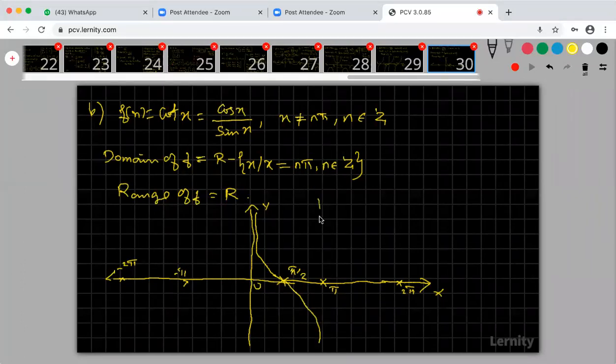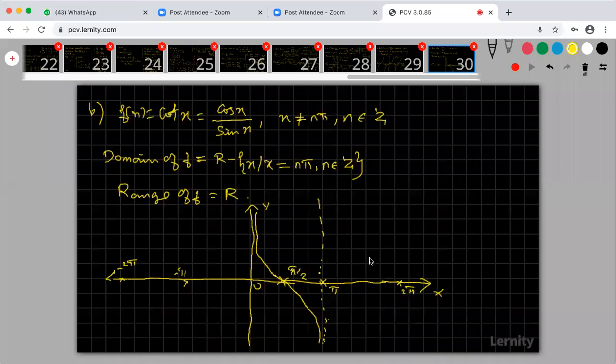This is actually pi. Why does this value go to infinity when x is equal to pi? What is my value? Sin pi is 0. Anything by 0 means it is infinity. It goes to minus infinity.